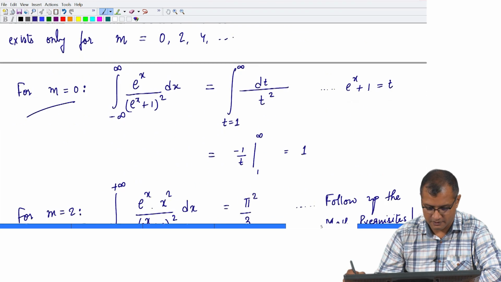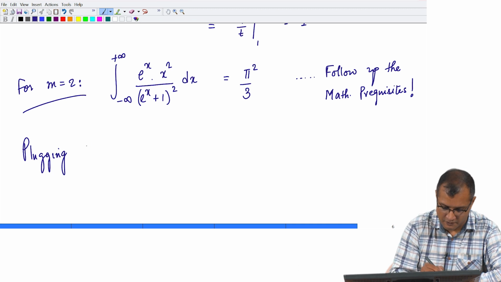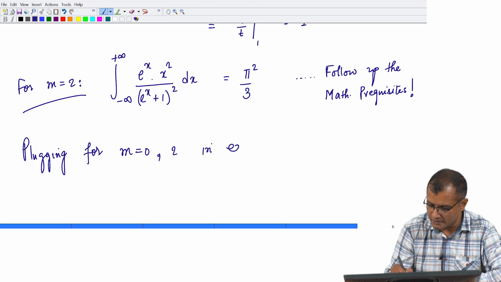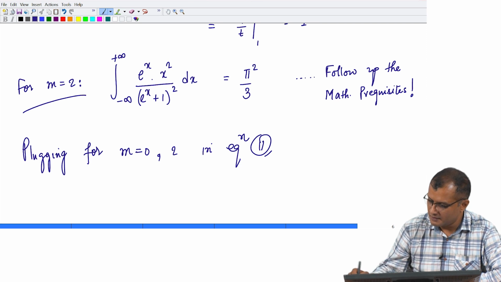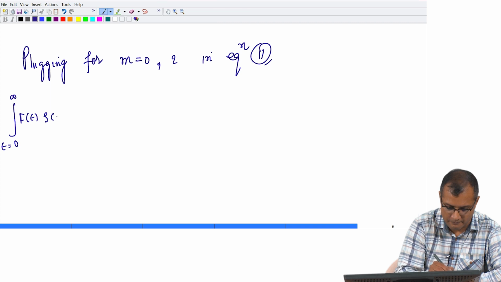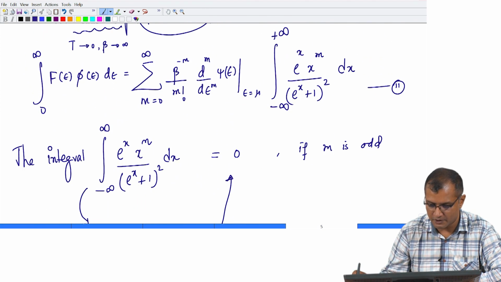So, plugging for m equals 0 and 2 in equation 11, we get the final answer as integral 0 to infinity, as the first term would be just m equal to 0.